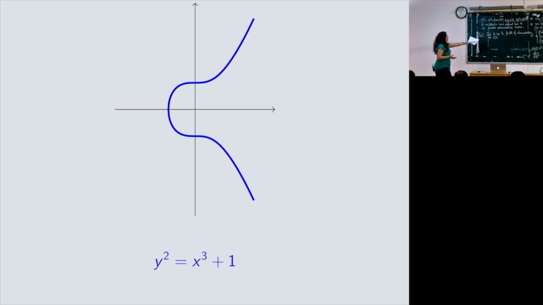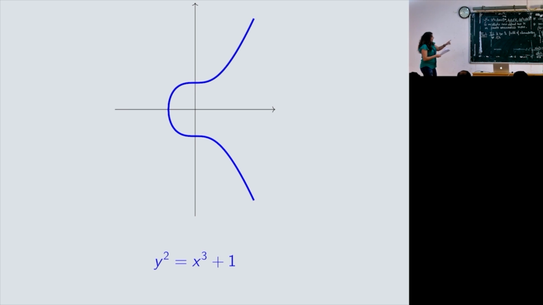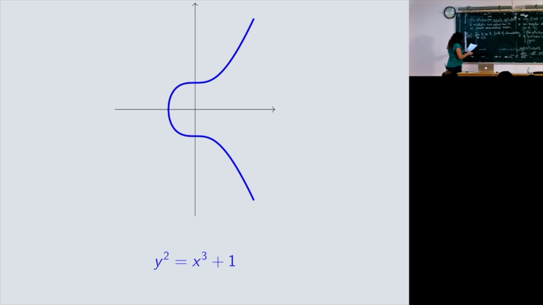So why should we care for p equal 2 or 3? So let K be a field of characteristic different from 2 and 3.